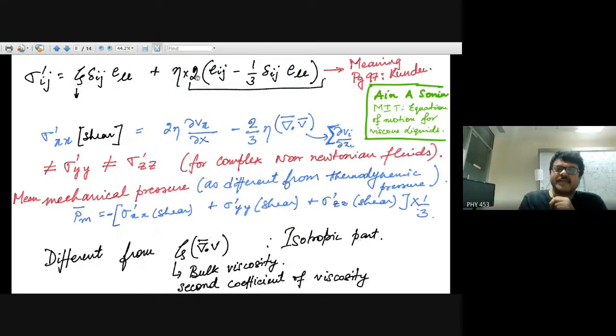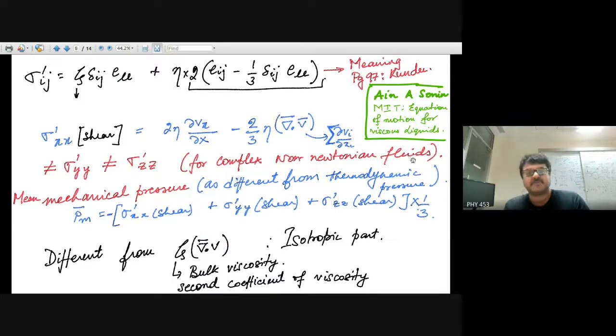So what I have done here is taken the previous equation, and if you just take the shear component, and if in general sigma dash xx, so I'm focusing only on the diagonal components, need not be equal to sigma dash yy, need not be equal to sigma dash zz, especially for complex Newtonian fluids.